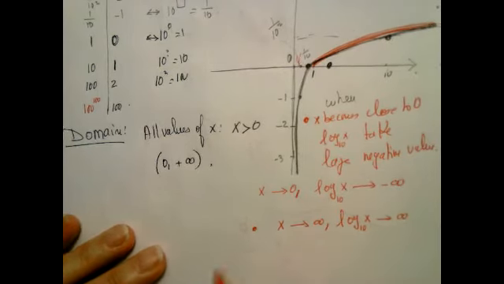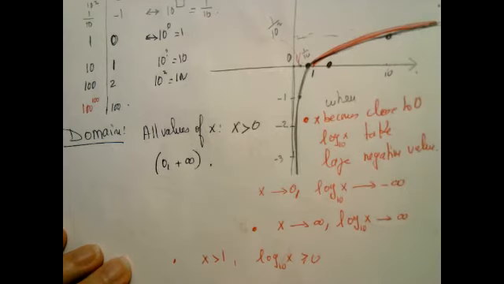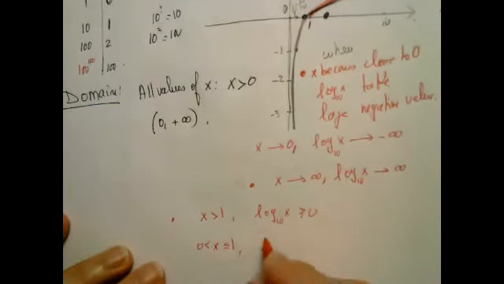That's really what it means. And the other thing is that when x is greater than 1, the function is taking positive values. And when x is between 0 and 1, the log takes negative values.